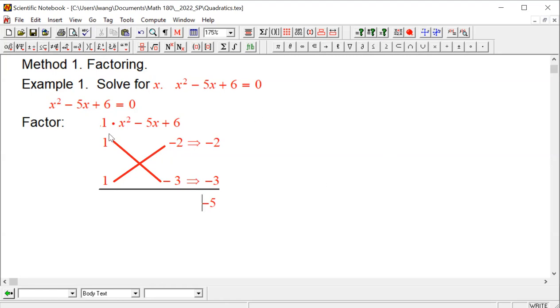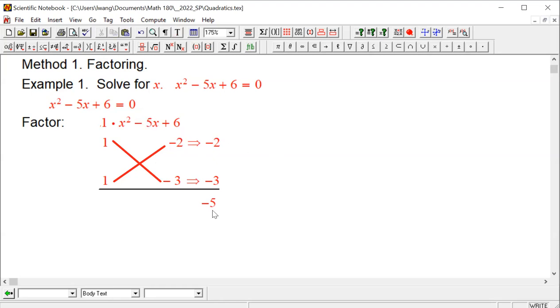Let me repeat the process one more time. 1 equals 1 times 1. 6 equals -2 times -3. You need to make sure the setup is correct, like the initial setup before you play a game. And then the rest is routine: cross multiplication, add the two numbers, and your goal is to match the number in front of x completely.